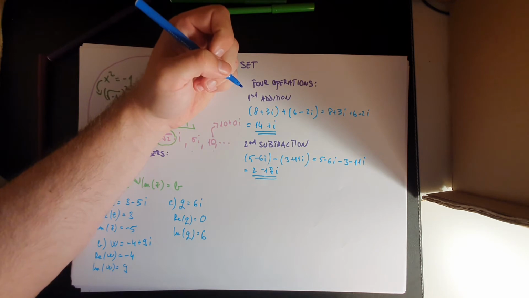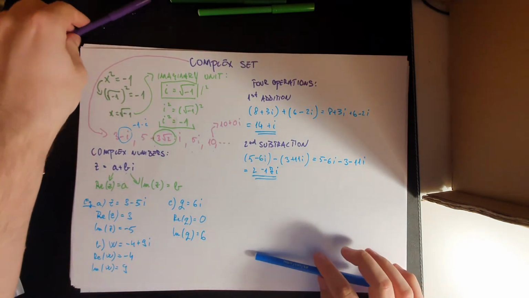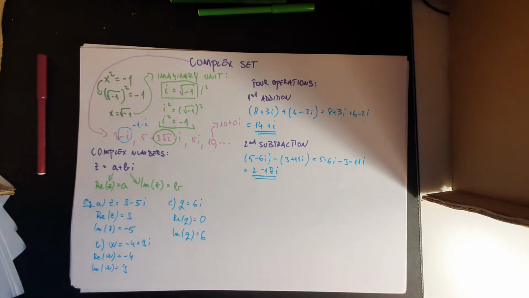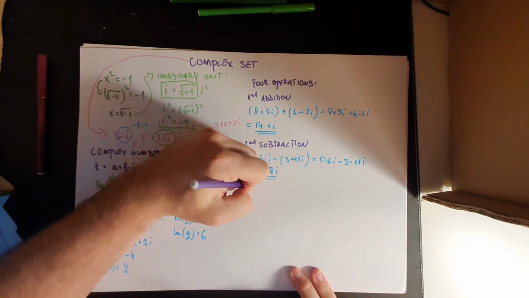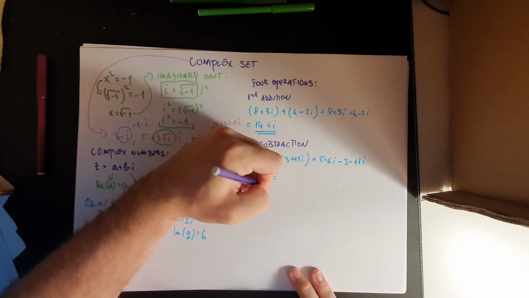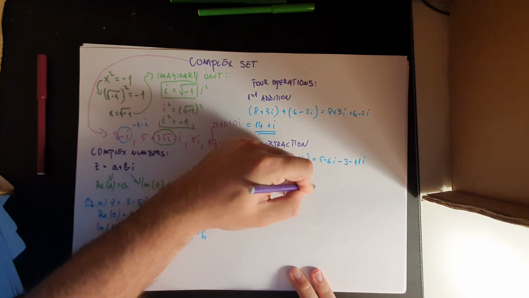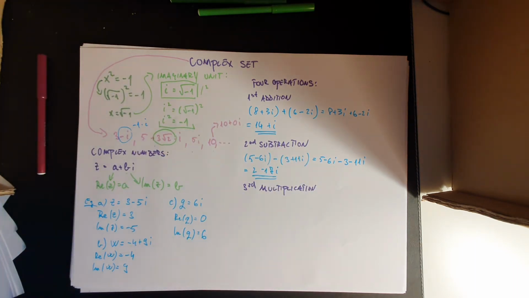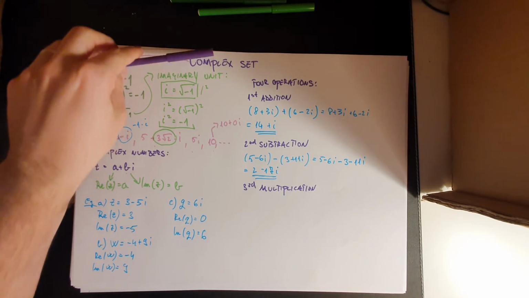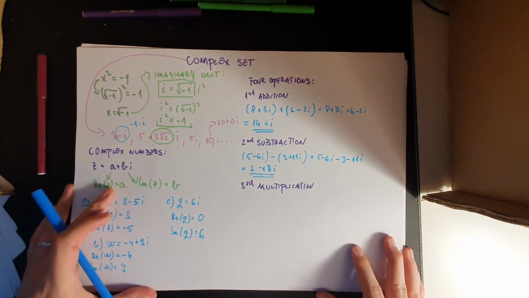Now things get a little bit more complicated with the following two operations. Let's start with the third one. This is going to be multiplication. For multiplication, I'm going to give you two examples, just to make sure that everything sets as it should.